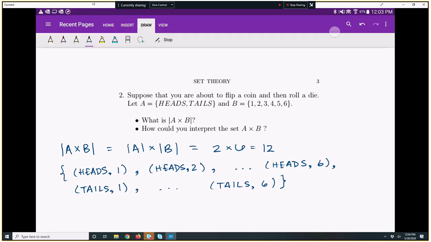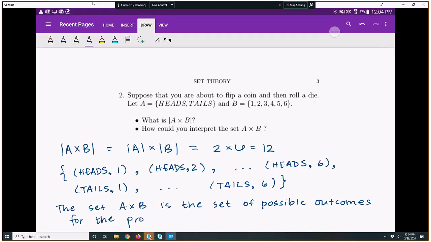So the interpretation of that, I'd say the set A cross B is the set of possible outcomes for the process of first flipping a coin, and then rolling a 6-sided dice.